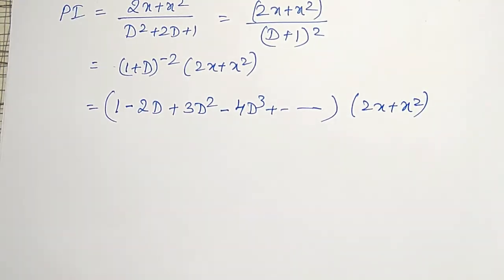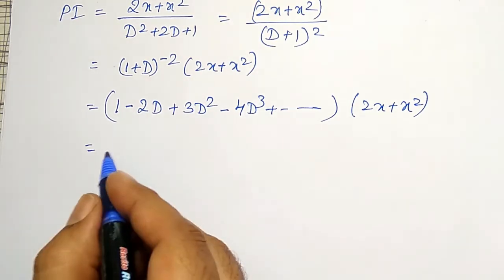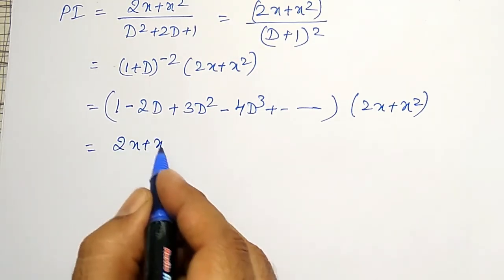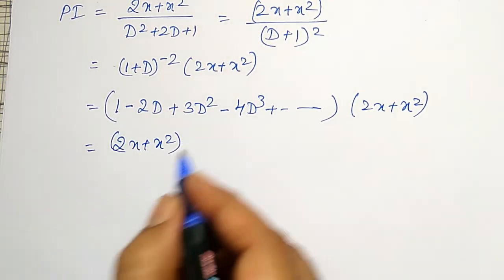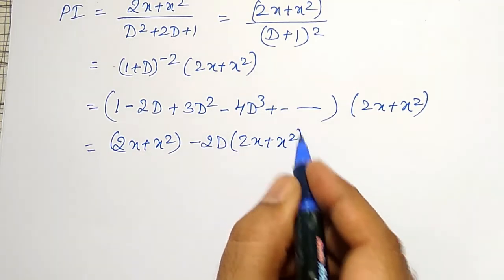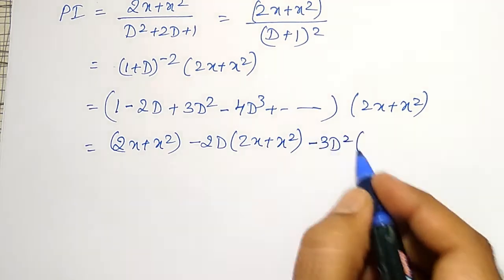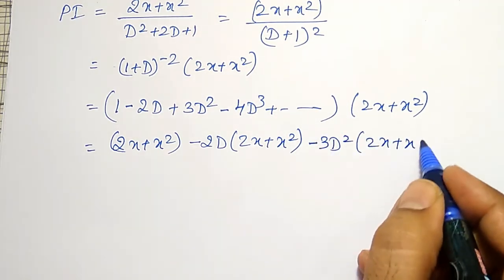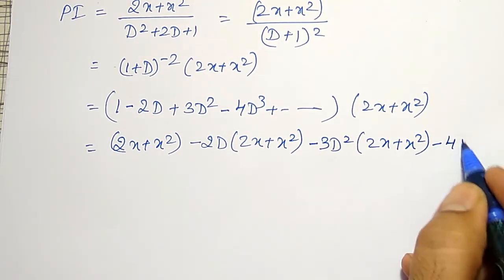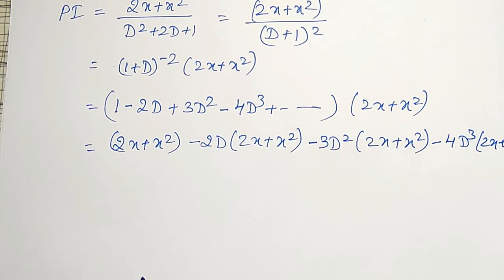Then each term is multiplied with this: 1 into 2x plus x square, minus 2d into 2x plus x square, plus 3d square into 2x plus x square, minus 4d cube into 2x plus x square, and so on.